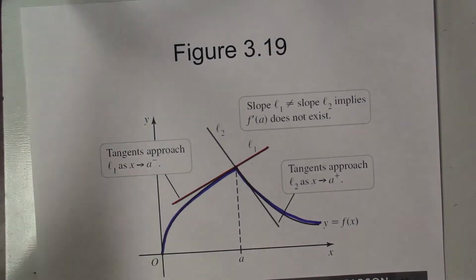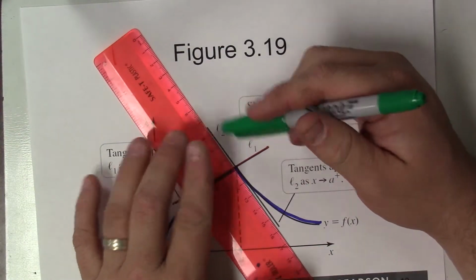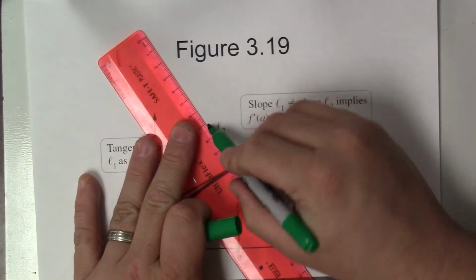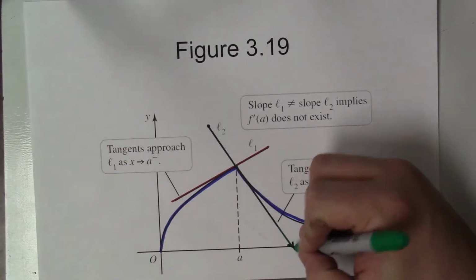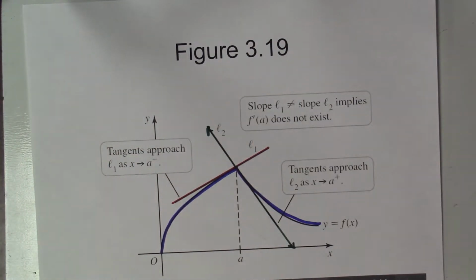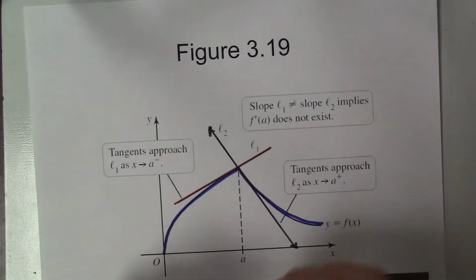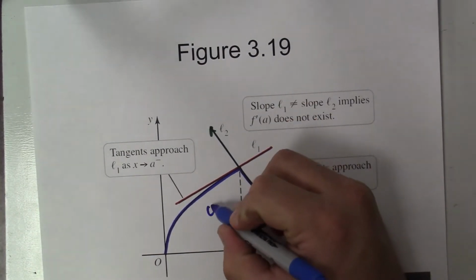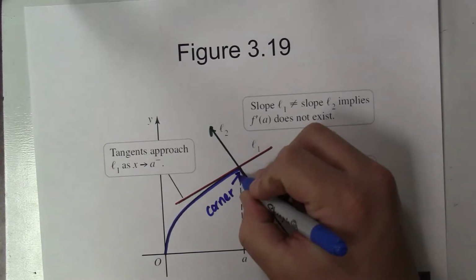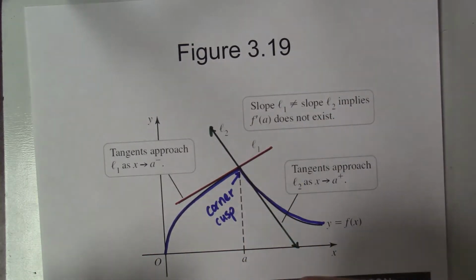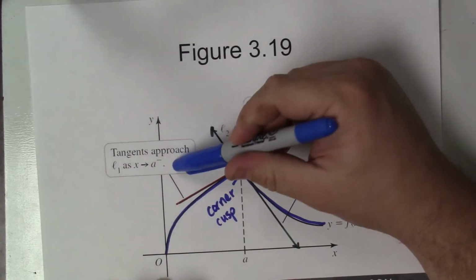But if I come at it from the right, that's the slope. And so this is the corner. This is what your book calls a corner. I have also heard it called a cusp. But the idea here is it's not smooth.